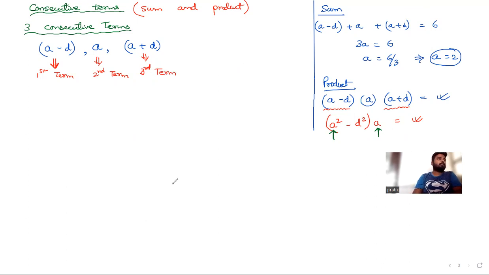Similarly, now you might be thinking, sir, okay, three terms I understood, but what about if it is four terms? Okay, what about if it is four consecutive terms?